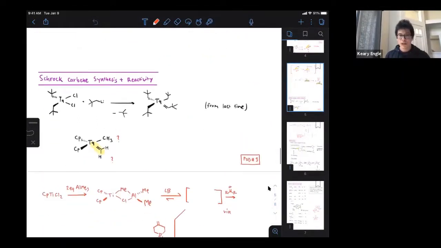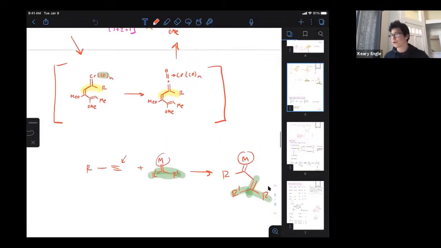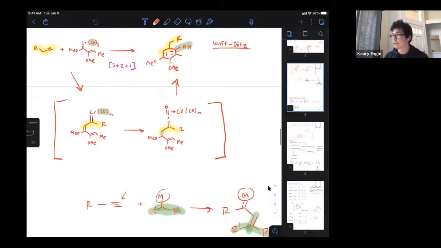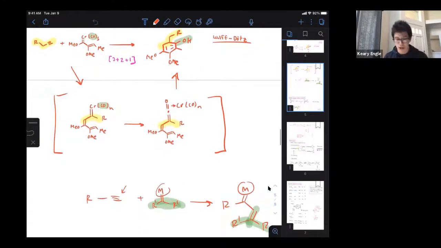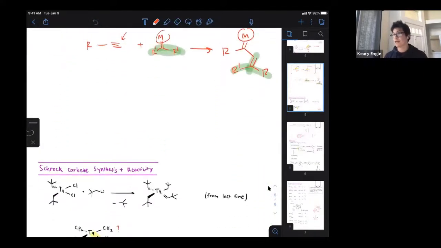So we had concluded Tuesday's class with discussion of Fischer carbene reactivity, and specifically the last example we covered was this Wulff-Dötz reaction, which is a 3+2+1 cycloaddition to make highly substituted phenols, a reaction that's stoichiometric in the metal, and I think that's a common theme as we talked about in Fischer carbene reactivity.